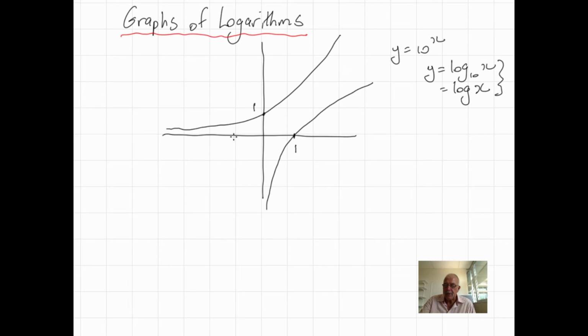And that's 0, so that's why y is equal to 0 when x is equal to 1. So this is y equals 10 to the power of x, and this one here is y equals log of x to base 10, or just simply log of x.